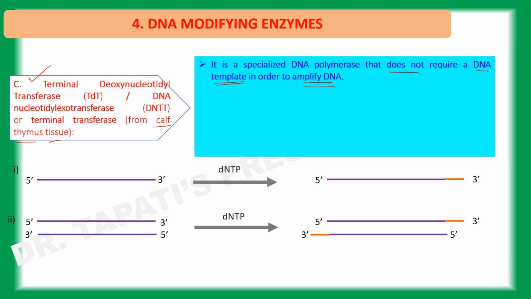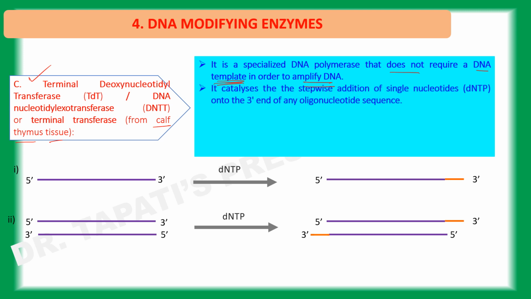You have seen that almost all of the DNA polymerases need template in order to amplify DNA. But the exception is in case of terminal deoxynucleotidyl transferase. It catalyzes the stepwise addition of single nucleotides or dNTP onto the 3' end of any oligonucleotide sequence.